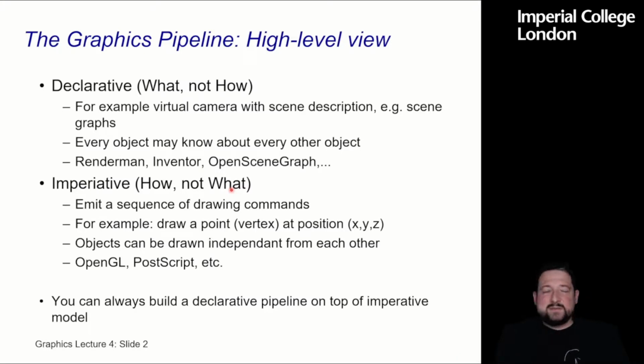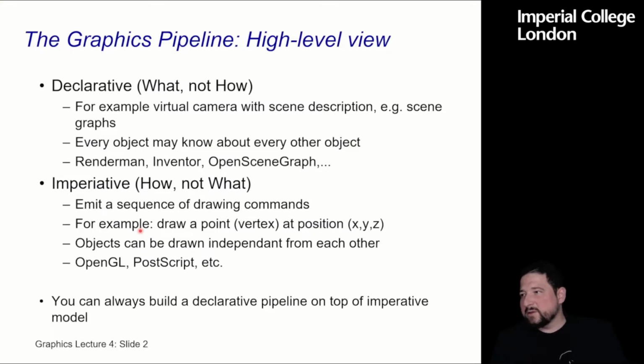So we basically just emit a sequence of drawing commands and draw these points. Languages like OpenGL, but also PostScript, which is a printer standard and what PDF is based upon, are imperative languages. You're really only getting told to draw an arc here, draw a point here, and not really what these things are.